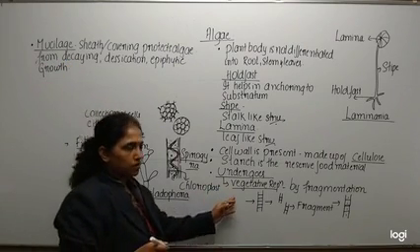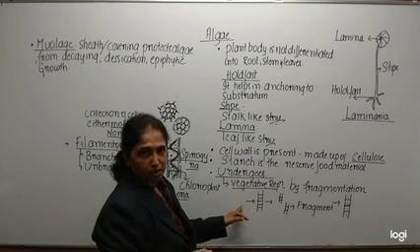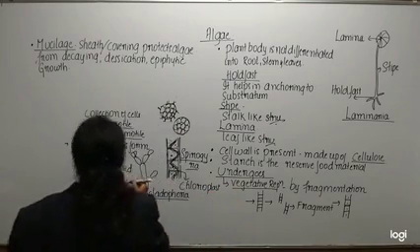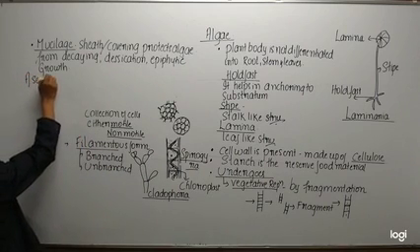Next, when it comes to vegetative reproduction, it is usually by means of fragmentation. Next, algae also undergo asexual reproduction.